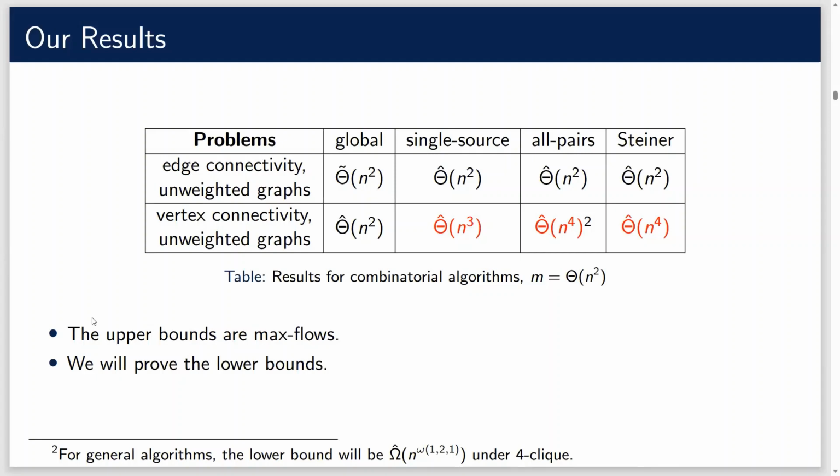We want to fill in the table. First for dense graphs: for single source, the time complexity is n cubed, and for all pairs and ST, the time complexity is theta hat n to the 4. For the upper bounds, it seems trivial, since we just call n or n squared max flows to solve them. But the lower bounds are the main part of our paper, and we will prove them below.